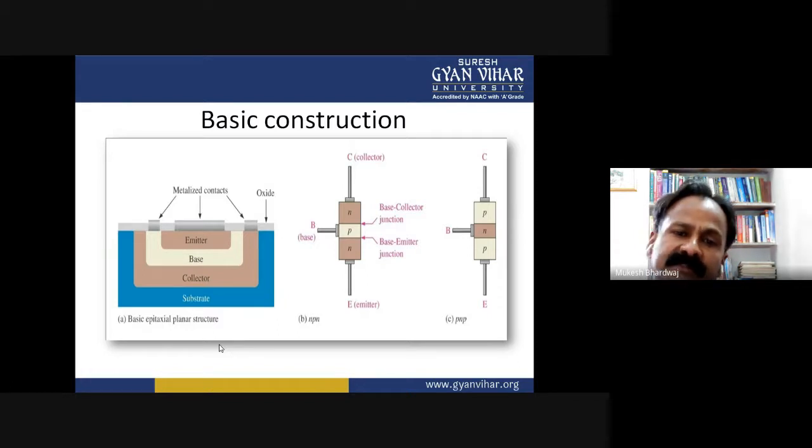The terminals are known as emitter, base, and collector. The middle one is almost always the base. Two junctions are shown in pink text: the base emitter junction and the base collector junction. So this is the real-time configuration of a transistor.